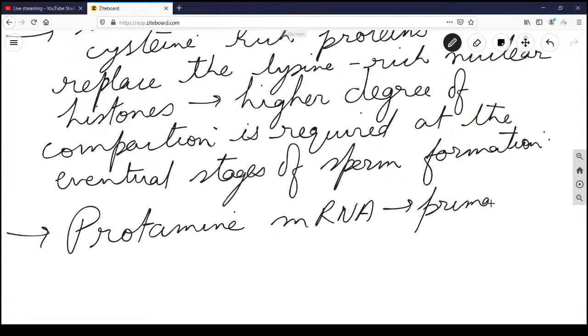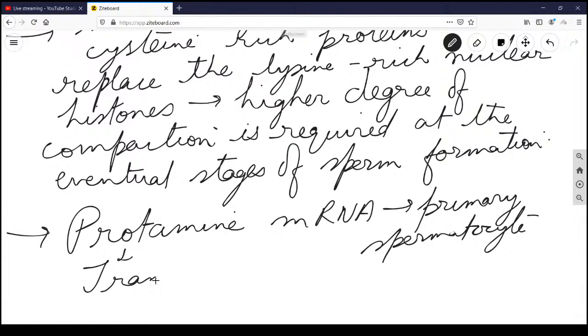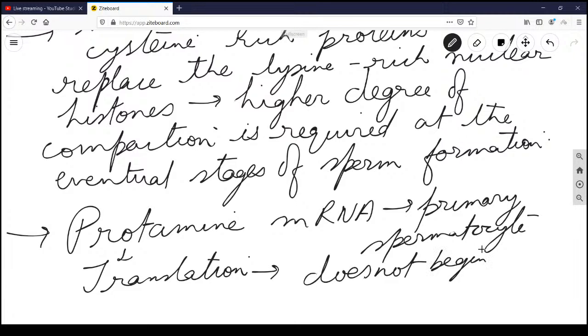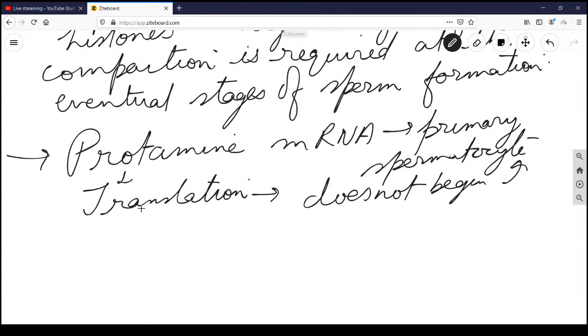Just tick the option primary spermatocyte. But its translation into protamine protein does not begin in the primary spermatocyte stage. It begins when the sperm has reached the spermatid stage.